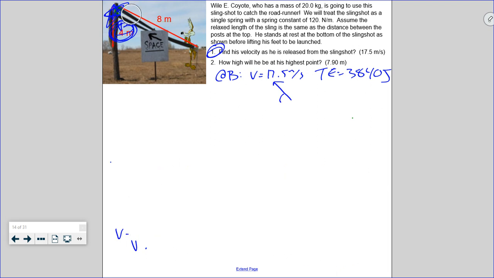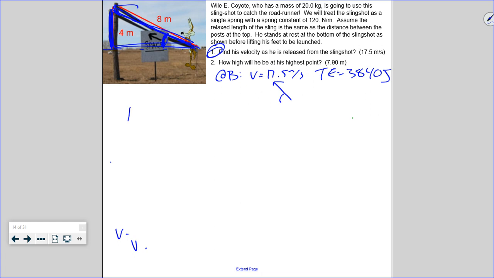When he goes off of the slingshot, he's going this way. For simplicity, I'm just going to assume that the angle he gets launched at is this angle right there. You can see there's a right triangle here. It looks like this opposite side is half of my hypotenuse. This must be a 30, 60, 90 triangle.